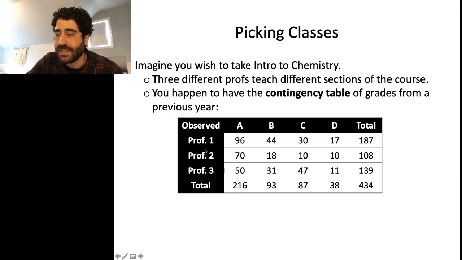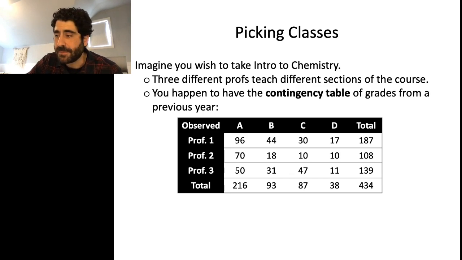And so you can see every number in here is a number of students. So there were 96 students that took the class with Professor 1 and got an A. There were 44 students that took the class with Professor 1 and got a B, and so on. The last column and row here are the totals among these. So 187 students total were with Professor 1, and 216 students total got A's.